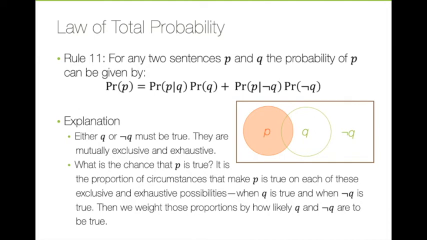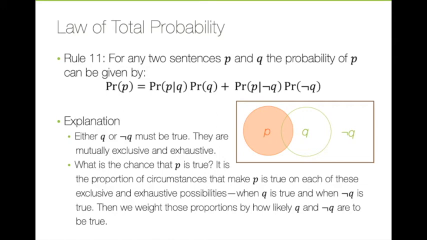In terms of the diagram here, it's easiest to explain the law of total probability in terms of the conjunction version of the rule. What the rule tells us to do is add the two parts of the circle that show circumstances where P is true. So the first term is that sliver where P and Q are both true.